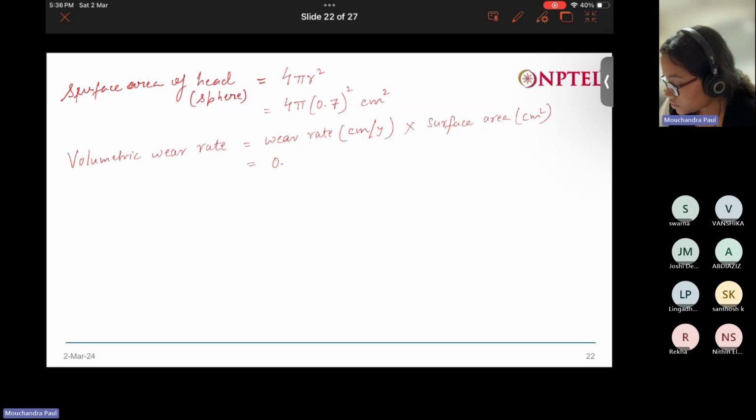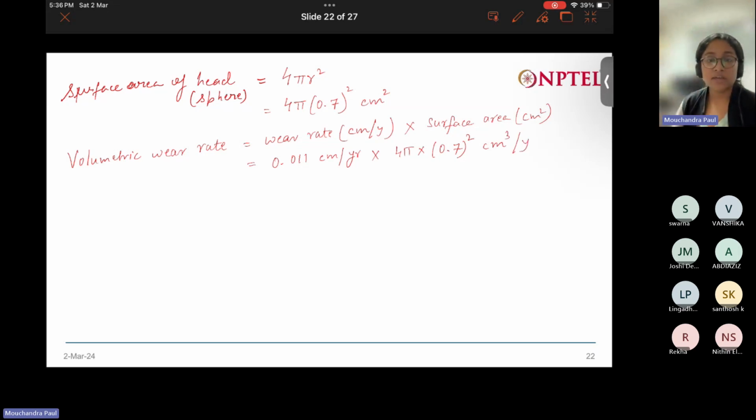Now feed in the values: 0.011 centimeter per year into 4 pi into 0.7 square, in centimeter cube per year. This is your volumetric wear rate. In a year, this much volume is lost due to wearing.